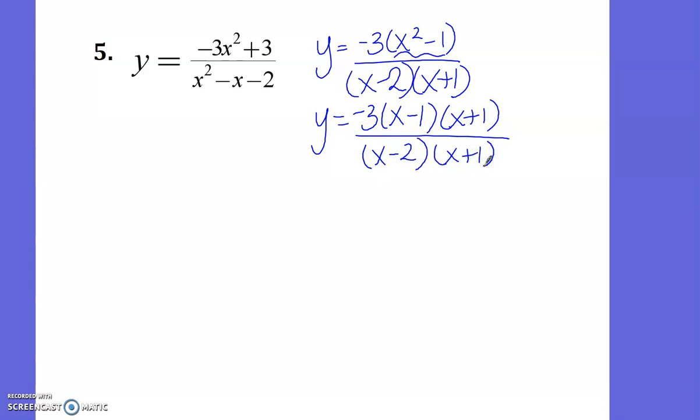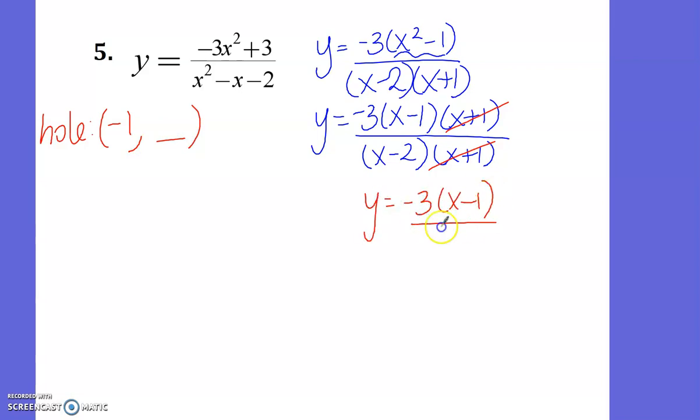So now I can see that I have a hole in this graph, so I have a factor that cancels out. If I set one of those, they're the same, equal to 0, I get an x value of 1. So that's my x coordinate for the hole. I am going to rewrite this without that factor, and this is what I use moving forward.